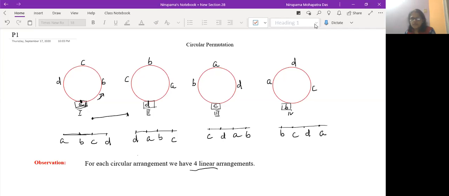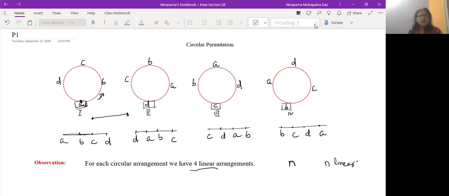That means if we have n number of objects, instead of 4, we can take any number, for each circular arrangement, we would have n linear arrangements. Is it clear? We would have n number of linear arrangements.